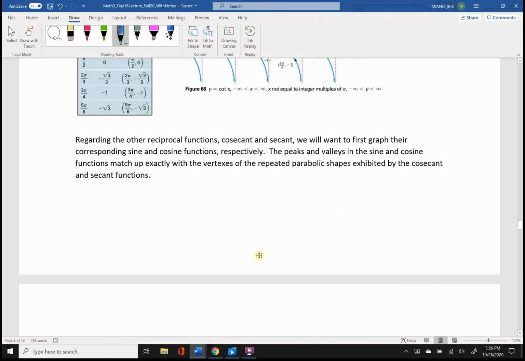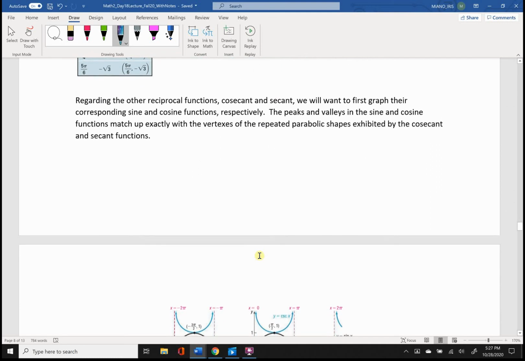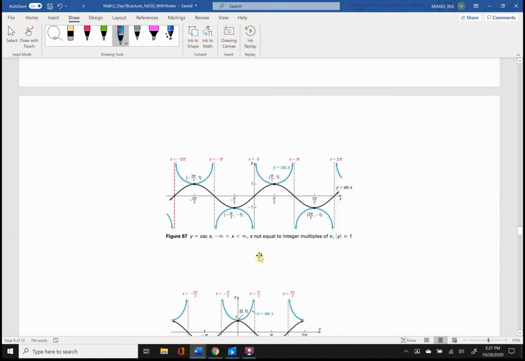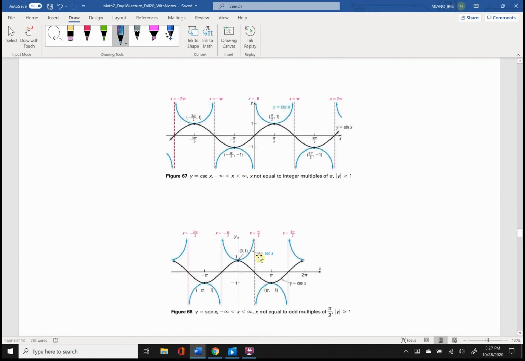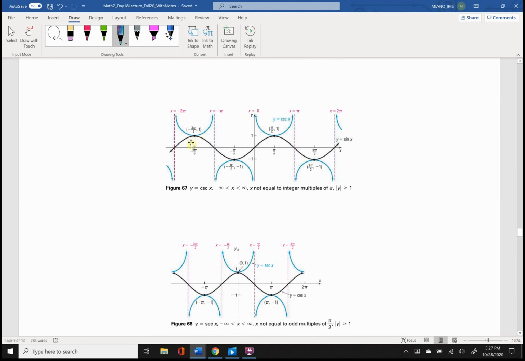Okay, so when we plot the secant and the cosecant, we also plot them with their cosine and sine counterparts respectively. That's just to make it easier to figure out where the asymptotes lie and the positions of the vertices for the parabolic shapes exhibited by the cosecant, which is what you see here, what I'm hovering over with my mouse.